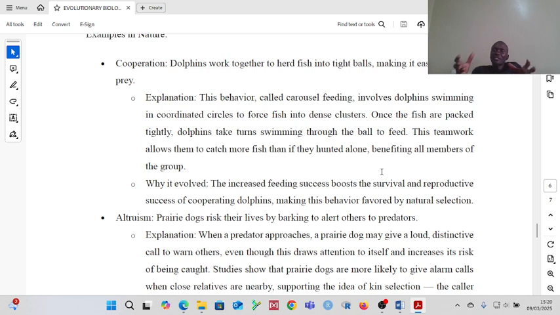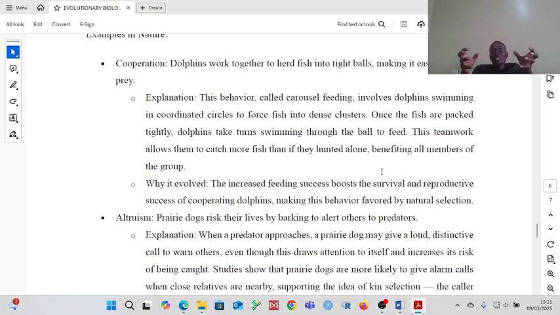So you can imagine the dolphins are now surrounding the fish. So fish iko katikati. It cannot escape. Okay? All of them had this coordinated swimming and made circles around this group of fish in a dense cluster.